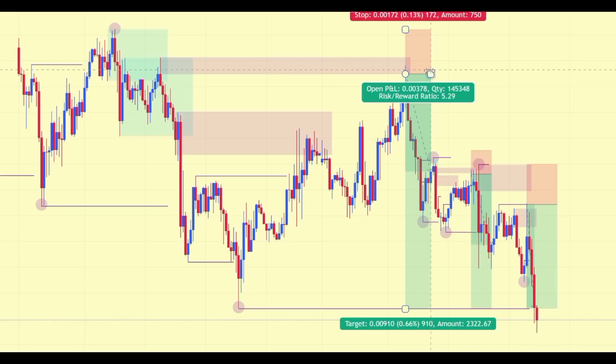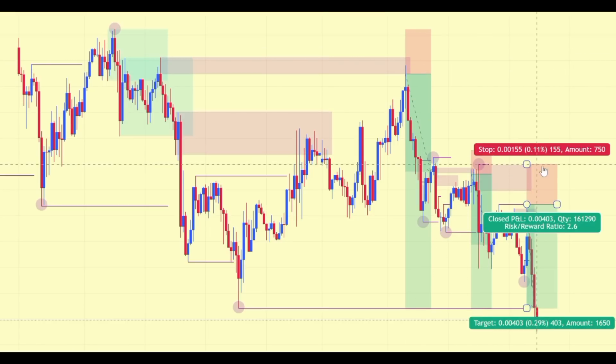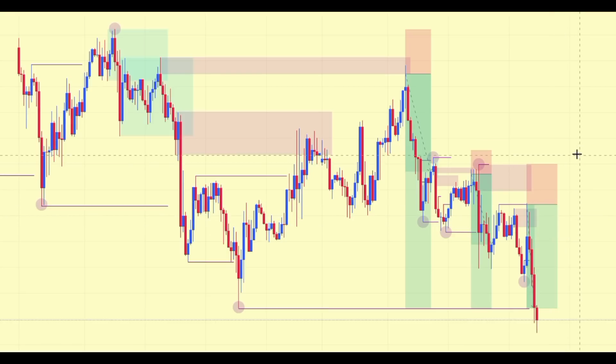So I spotted a 1 is to 5, a 1 is to 5, and a 1 is to 2.7 for me this year. Here it's 2.6. That's fine, no problem. It's actually depending on the broker and stuff, because the broker prices are not the same. All right, and this is how I took these trades.